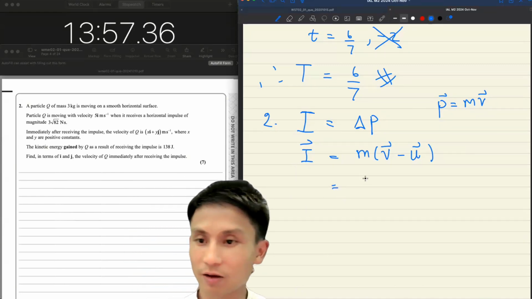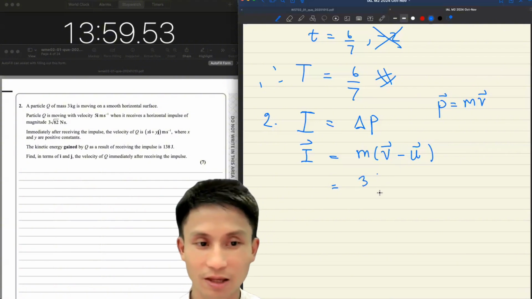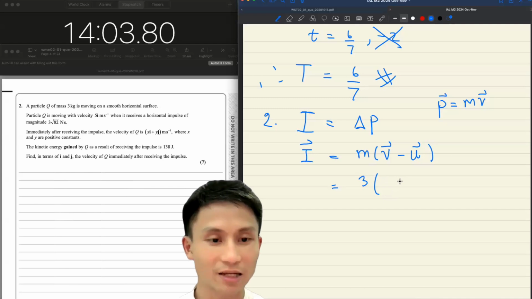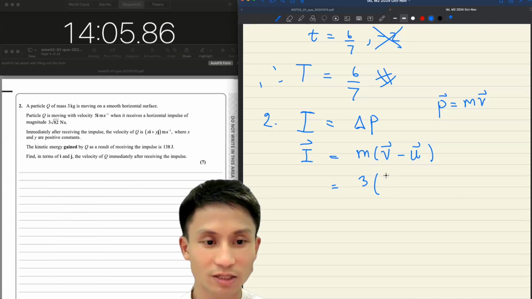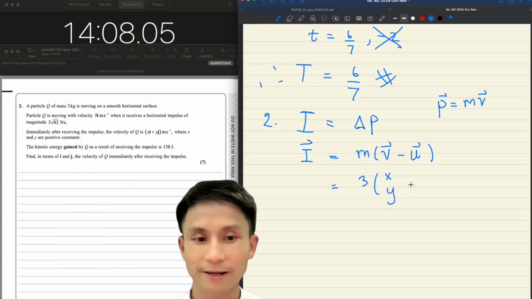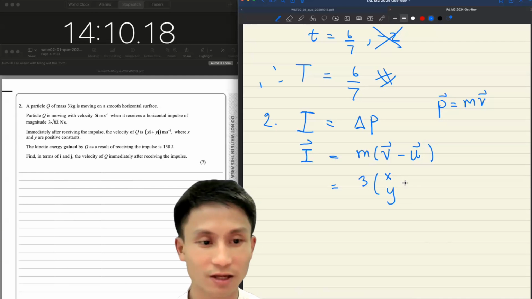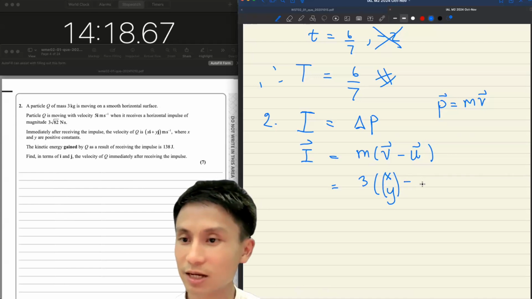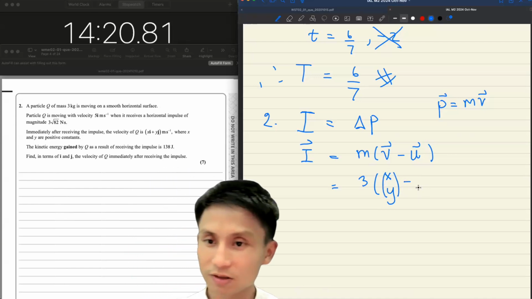Okay, so if we plug everything in, mass is 3, and immediately after receiving the impulse, that is the velocity vector here. So this is x, y, right? That's the velocity vector v. And then I have a minus, right? So I'm going to do another brackets there. u is moving with velocity 5i.